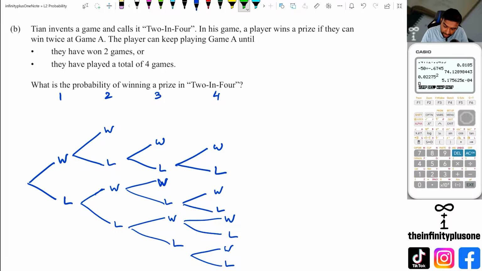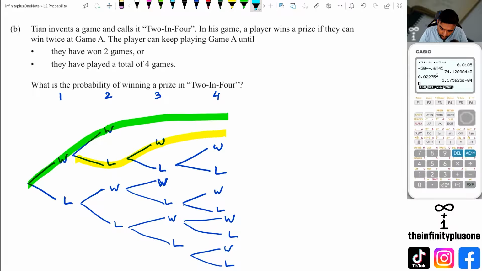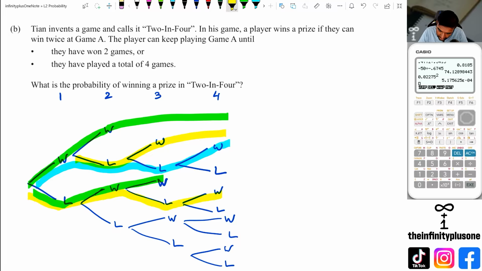So basically the branches we're looking for are win win, and then win loss win, then win loss loss win, then loss win win, then loss win loss win, then loss loss win win, and I think that's pretty much it. So altogether we have 6 branches that we need to consider.